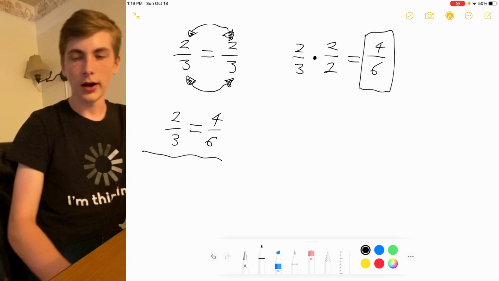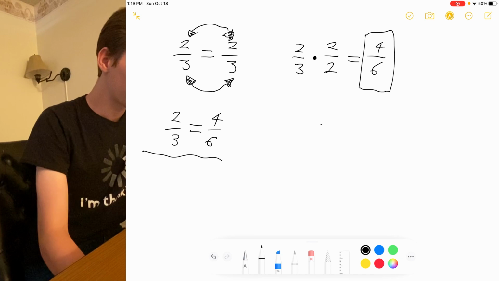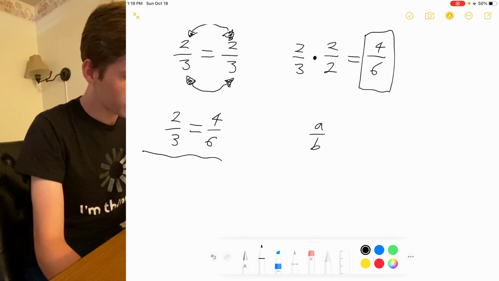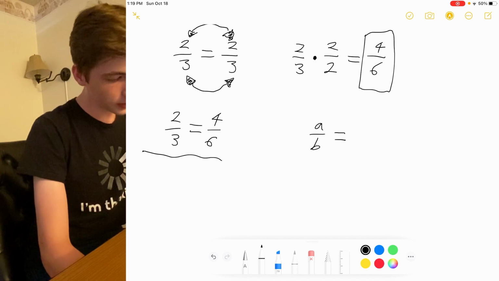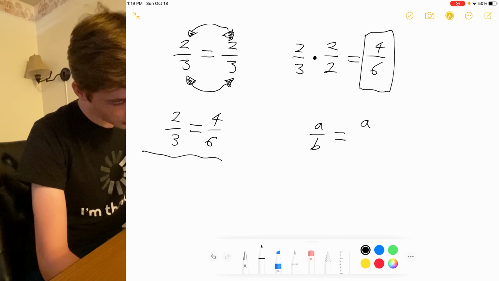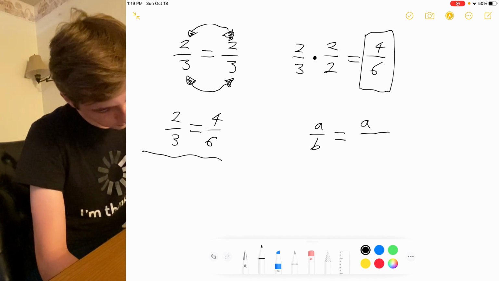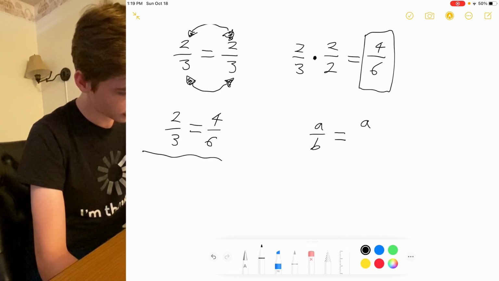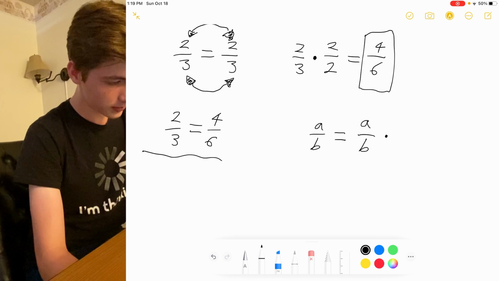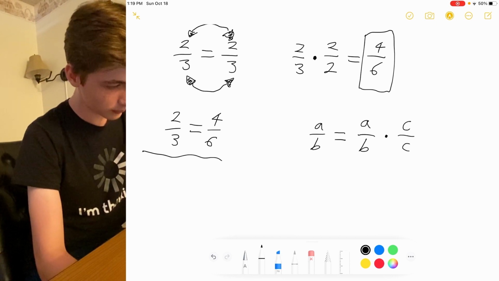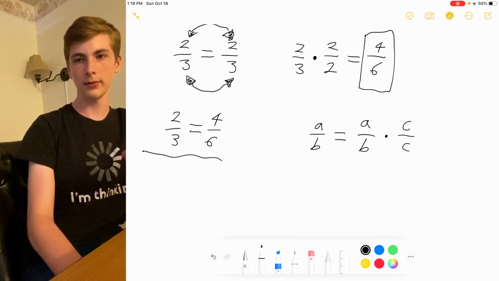So what if we have a over b, that's our regular fraction, that's going to equal a over b times c over c.